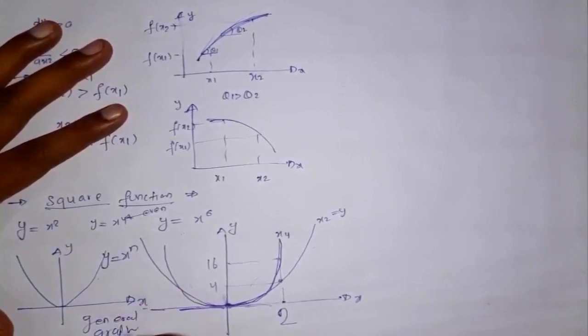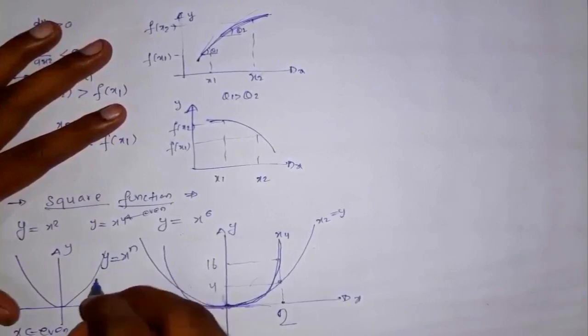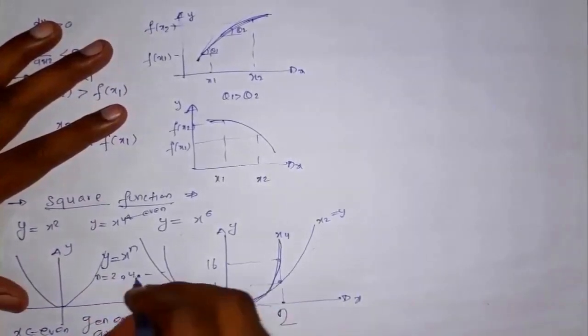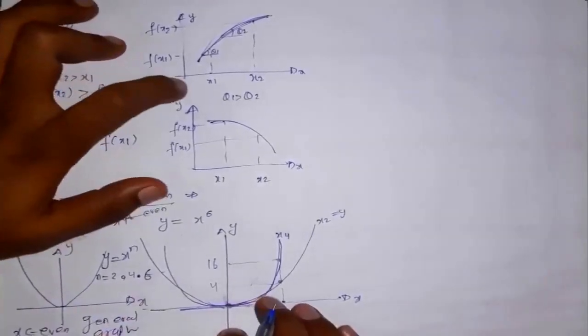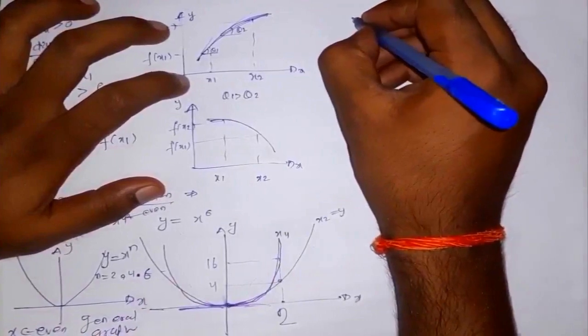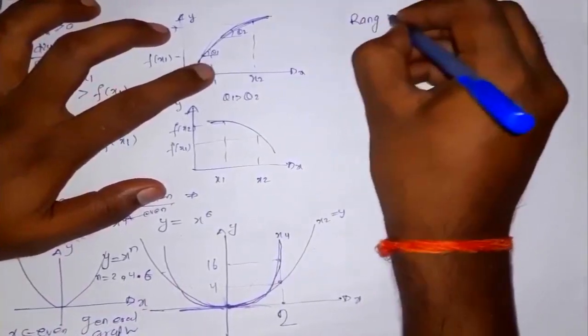Here n belongs to even integers, and it should be even positive integers. n can be 2, 4, 6, and so on. As far as the range is concerned, what will be the range of this function?